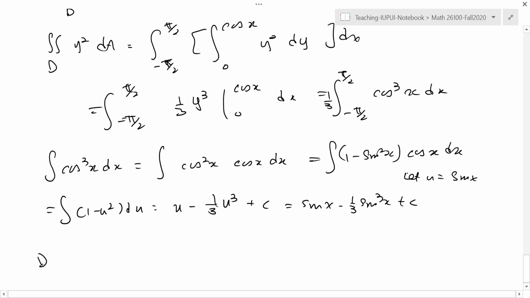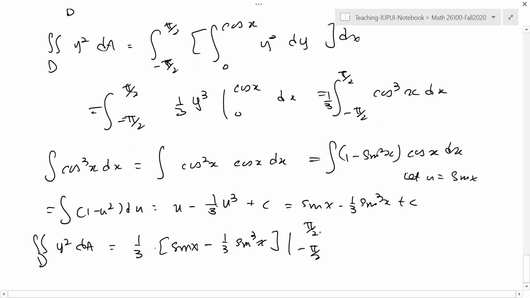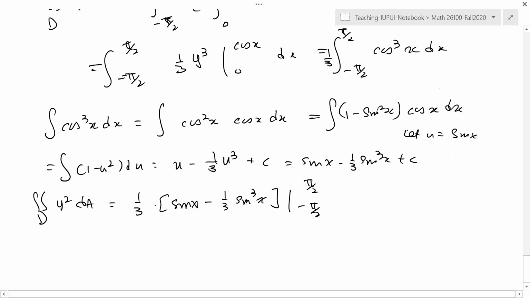For the double integral, remember, this is going to be 1/3, and the cosine cubed antiderivative is sine x minus 1/3 sine cubed x, and evaluate at the 2 endpoints. All right, so sine pi over 2 is 1.